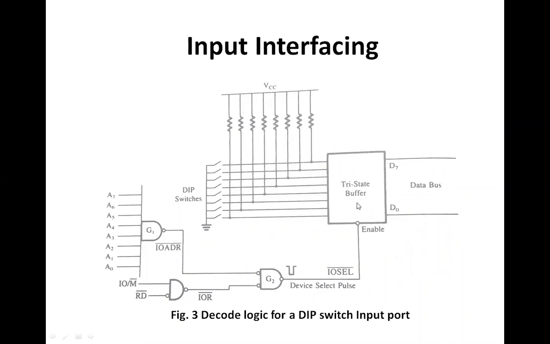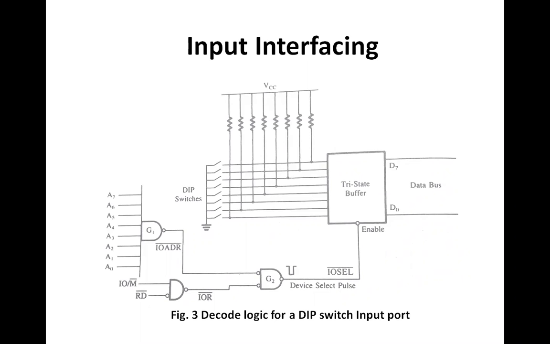Now see the difference. Whenever we were using the output device to connect with the port, we were using latches. But in this case, since an input device is connected with the port, we have to enable that port with the tri-state buffer.